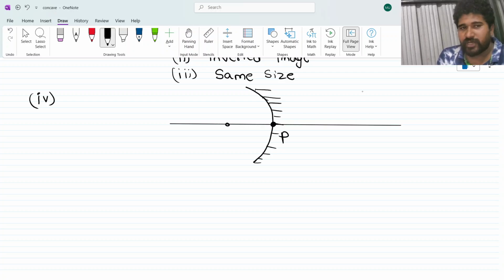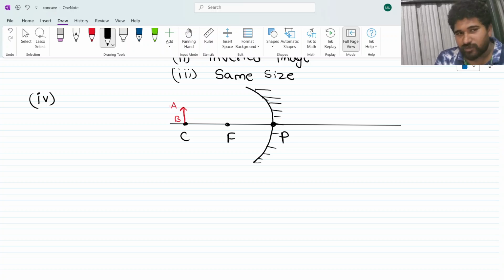What is this point? Center. So the object is placed at the center. Name of the object A. I want to plot the image of the A point.